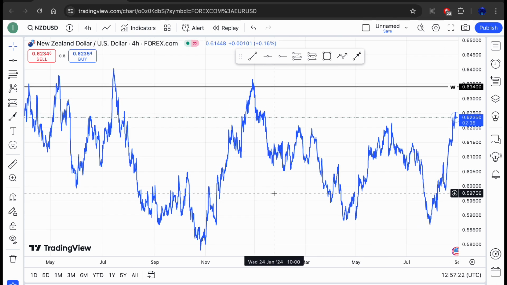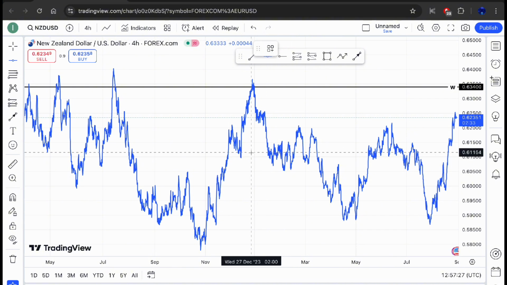So I'm going to just put this here like this. Now let's pick up the zones that we can see from the back.